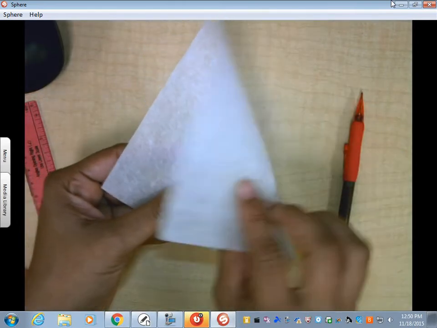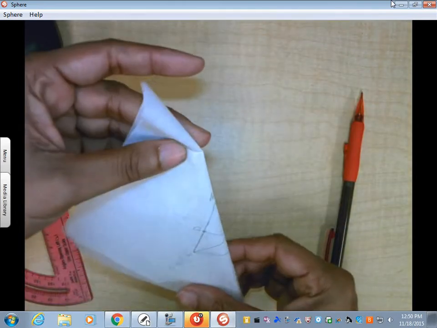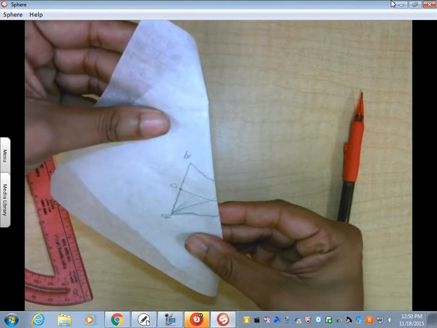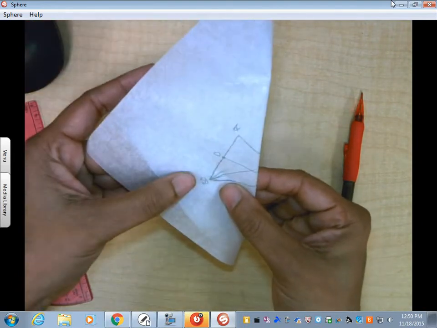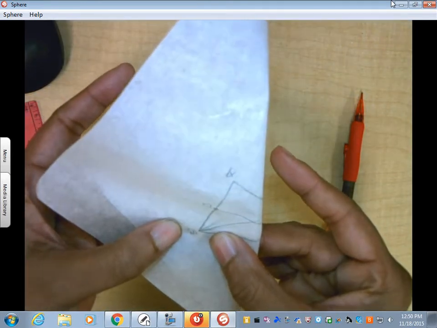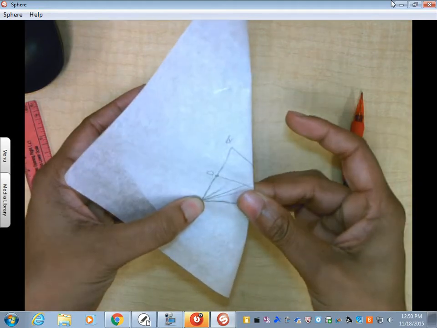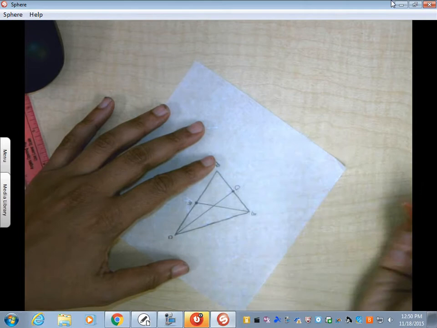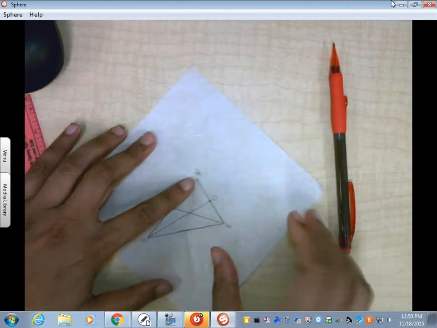I want the corners, the vertices, to line up. I think we can see that. Can y'all see that? I can see that. And I'm going to pinch and get my midpoint. How come that doesn't look right? Let me fix this.